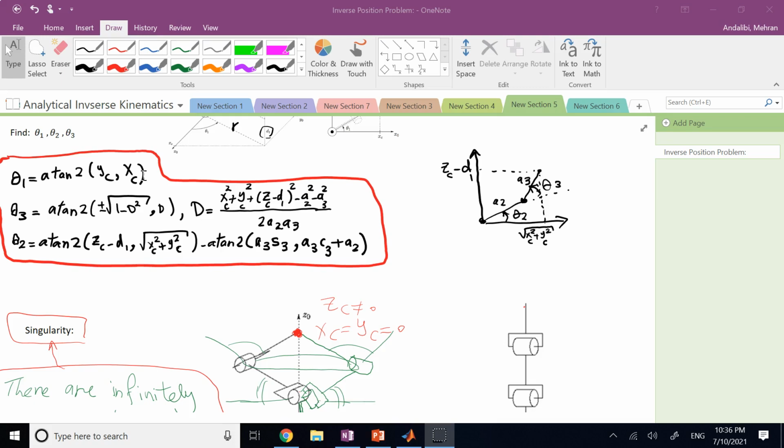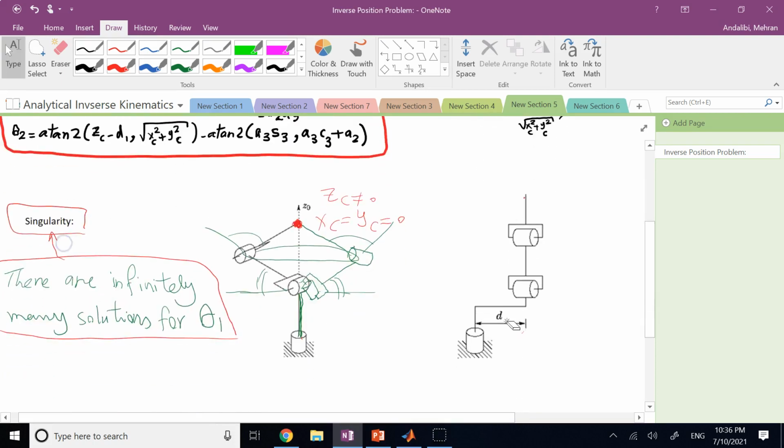Now, one of the approaches to avoid singularity for this RRR robot, this articulated robot, is to what we call add a shoulder. So instead of your second joint being right above the first joint, you give it some lateral offset here, and you call this distance a shoulder.